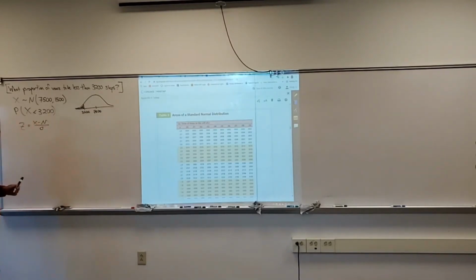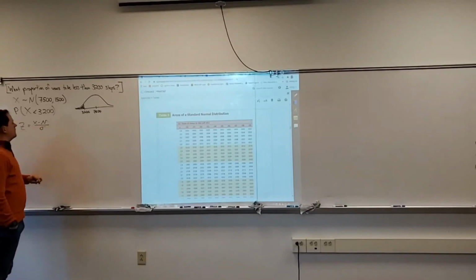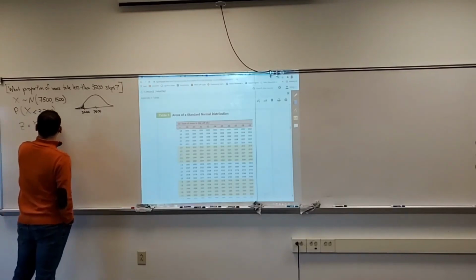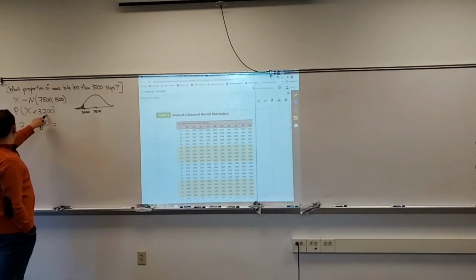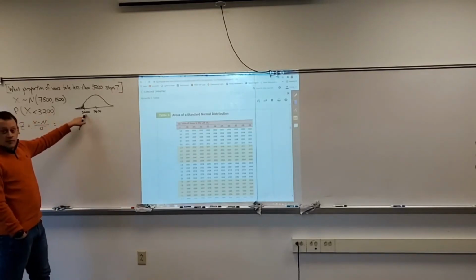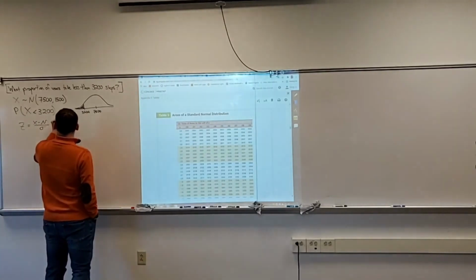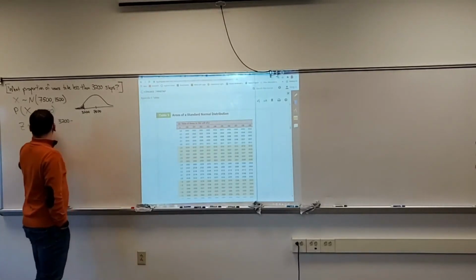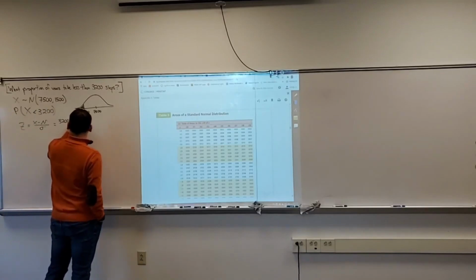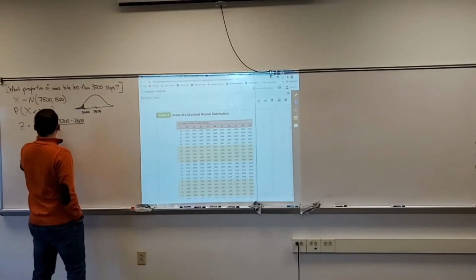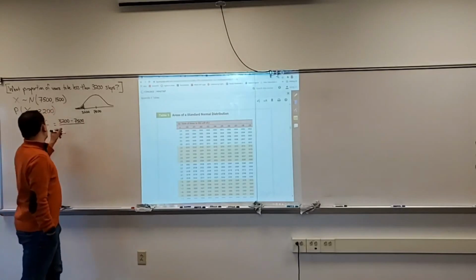Same formula as before: x minus the mean over the standard deviation. We should have all three of these values. x is the number we're interested in, 3,200. We'll subtract the mean, 7,500, and divide by the standard deviation of 1,500.